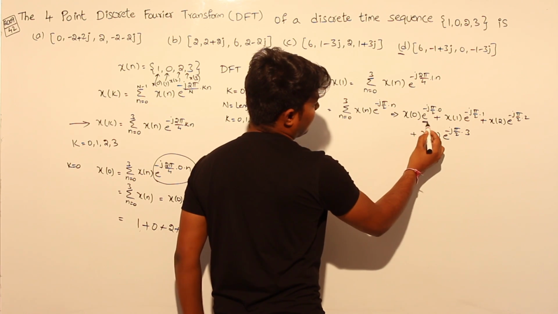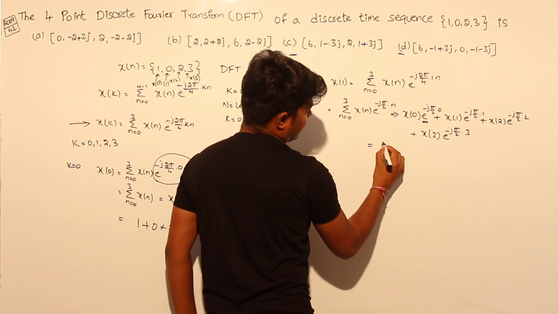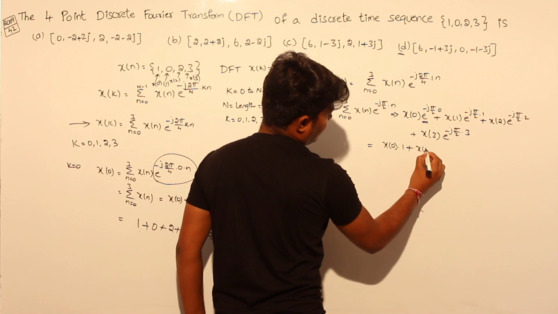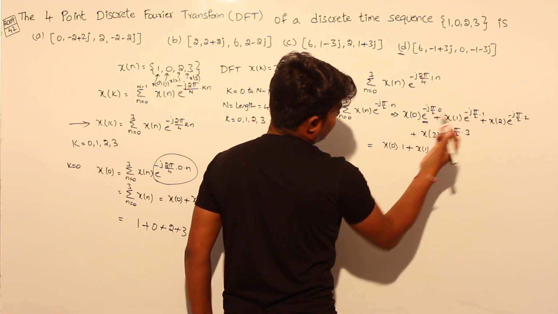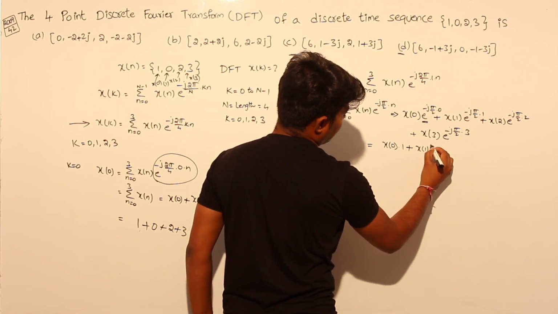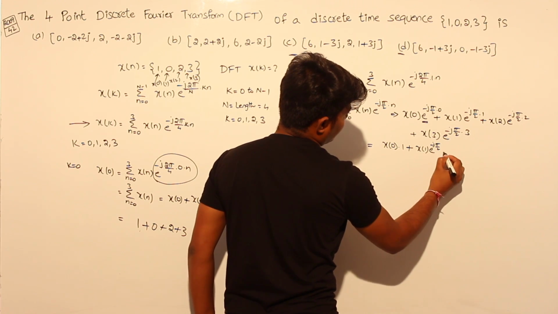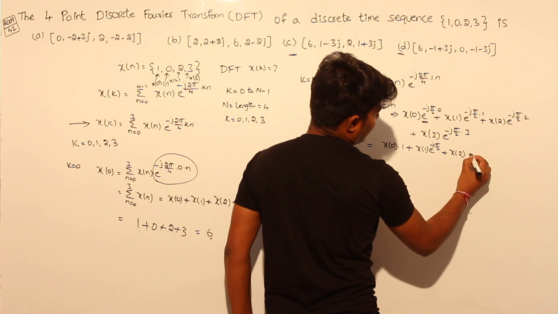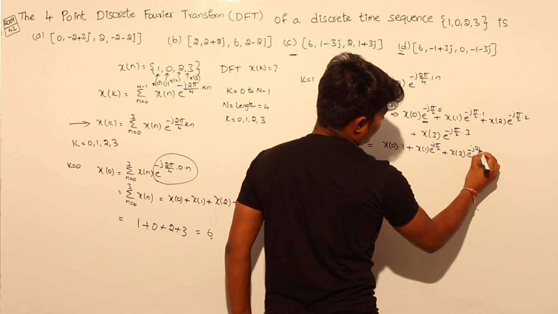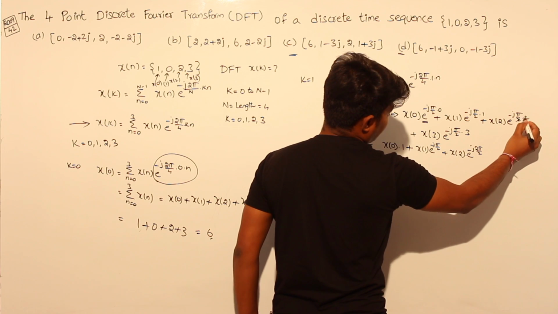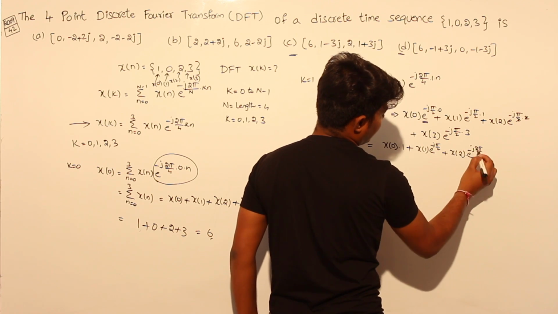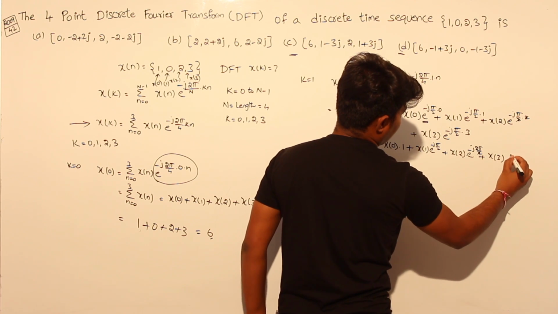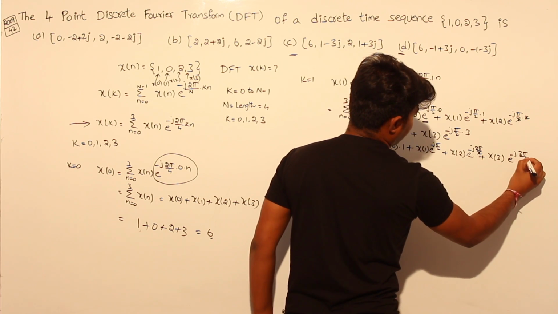Now here if you observe, e power 0 is nothing but 1. This will be equal to x of 0 into 1 plus x of 1 into e power minus j pi by 2, plus x of 2 into e power minus j 2 pi by 2, which is, if you cancel 2 and 2, e power minus j pi, plus x of 3 into e power minus j 3 pi by 2.